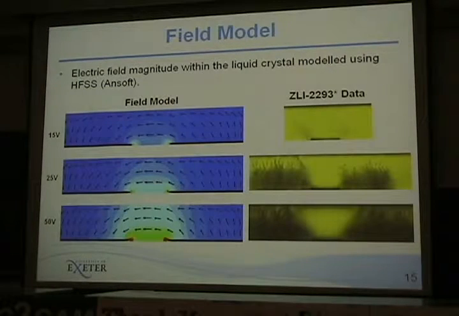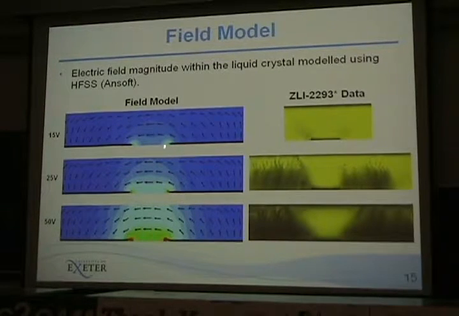So we're now interested in understanding how these form, particularly in the positive materials where we're getting this cholesteric structure on the outside. So using a very simple electric field modelling package from ANSYS called HFSS, a finite element modelling code, we can actually model what our electric fields are within the cell.